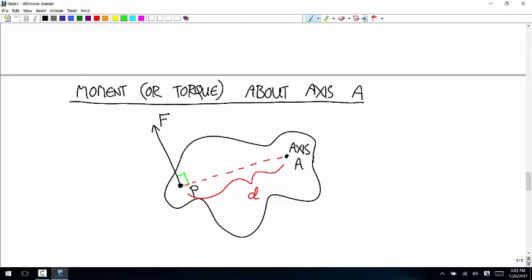That's important for now, but we'll figure out a way to get around it, because if the only way you could calculate a moment or a torque was if this line and the force were perpendicular, there'd be a lot of cases where you couldn't calculate that. What if the force was applied here and the force just went that way? That could happen. But for now, we wouldn't know how to do this calculation. But we'll be able to relax that later on.